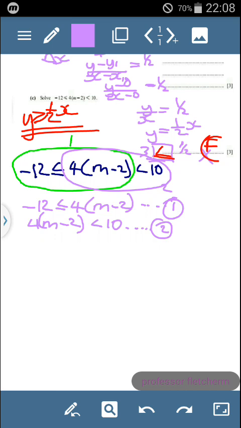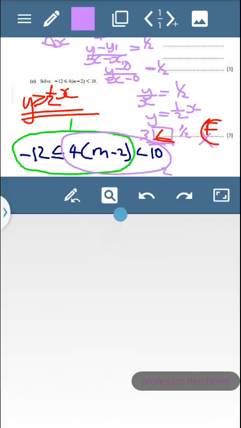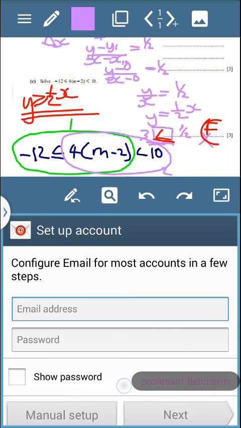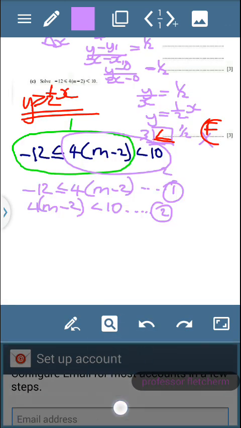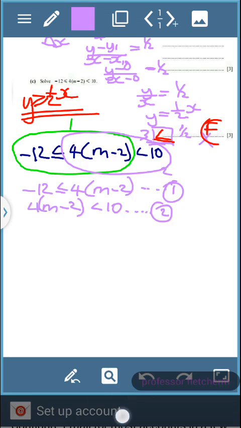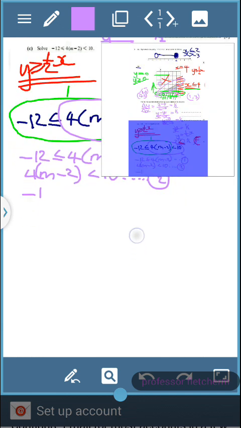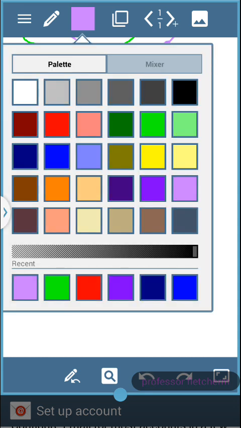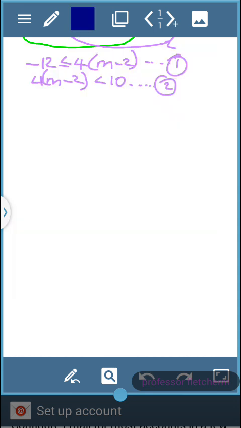If we calculate the first one, we have minus 12 is smaller or equal to, simplifying, 4m minus 8.